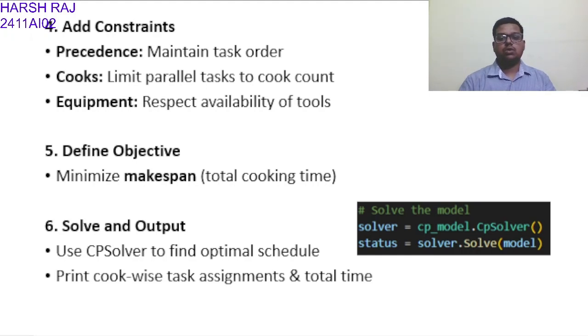Here we encode the heart of scheduling rules, task precedence, cook capacity and equipment number, into Boolean clauses. Then the objective is defined. We will see constraints and objective in detail in further slides. After constraint and objective definition, we finally call the solver to get the SAT solution and print it.